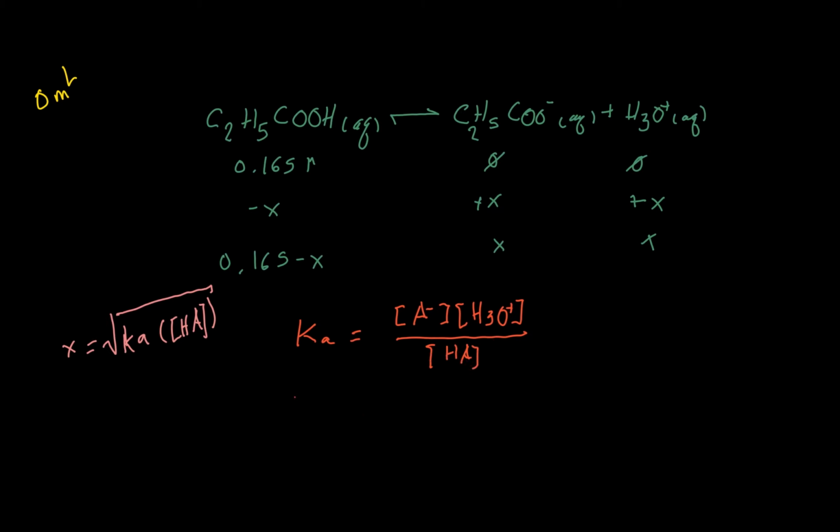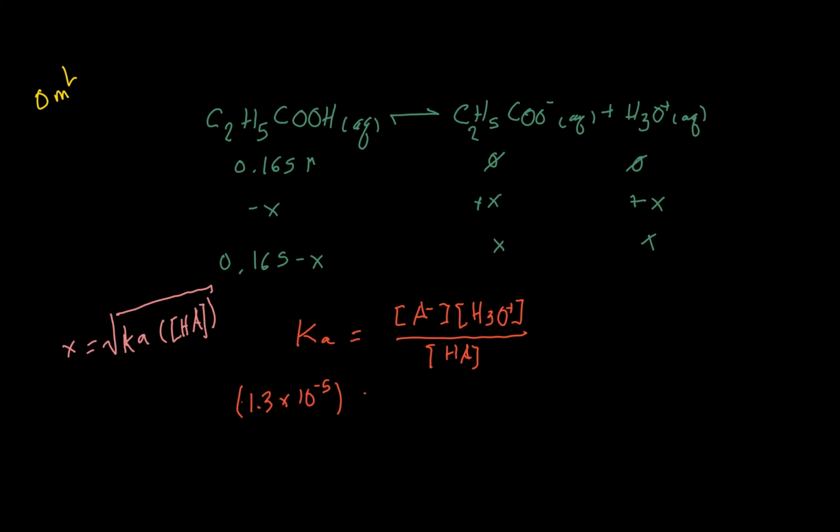Okay, and the Ka value for propanoic acid, which wasn't given in the question, but you can get it out of the same textbook I did. So that's going to be 1.3 times 10 to the negative 5, I believe. Yeah, to the negative 5.